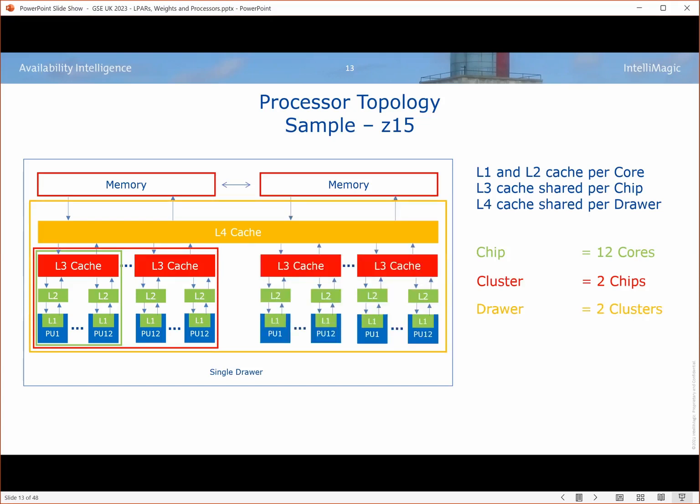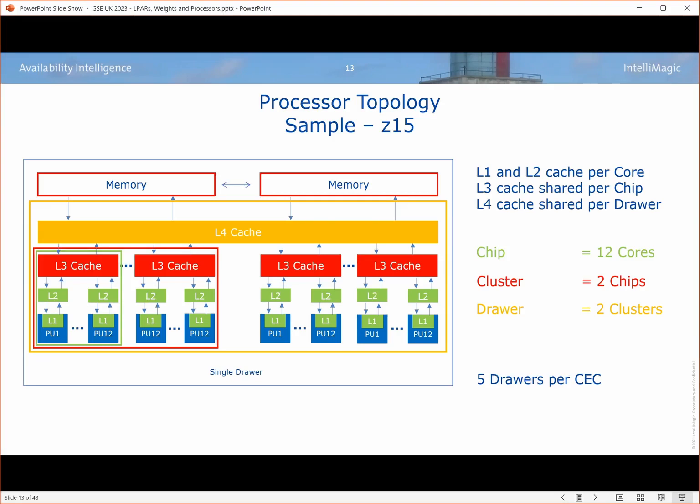And then we talk about a drawer, which contains 2 clusters, okay? So we're building up our image of the processor topology in our current architecture, Z15. And that is a single drawer, and with this particular architecture, we can go to 5 drawers.